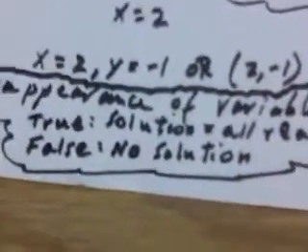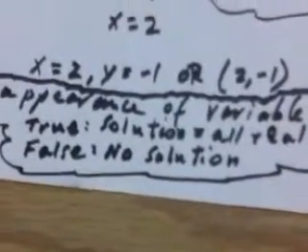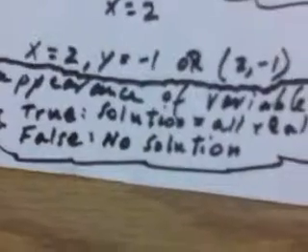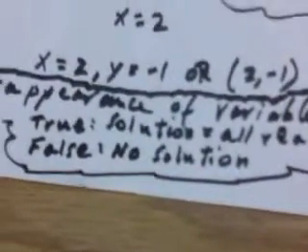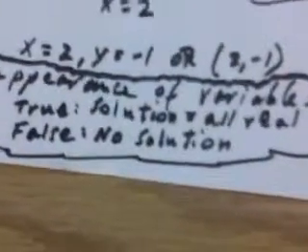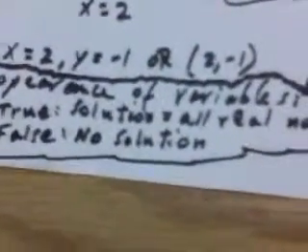If it's true, the solution to the problem is all real numbers. That means that any real number you put in that problem will work. If the variables disappear and the statement is false, that means there's no solution to the problem.